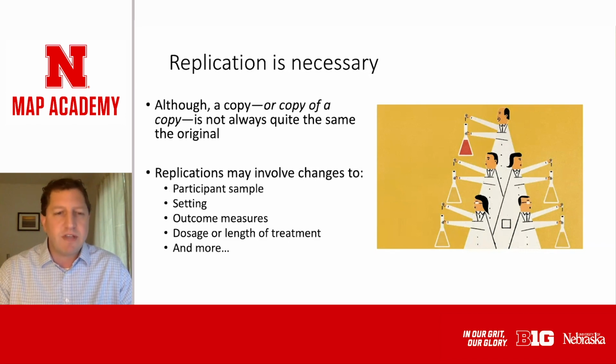Researchers don't tend to like to do a straight replication, and even if they did, they would likely have a different participant sample. They may have a slightly different setting, or different dosage or length of treatment, or they may add a different wrinkle to the experiment. So replication is necessary, but there are some considerations to think about with replication.